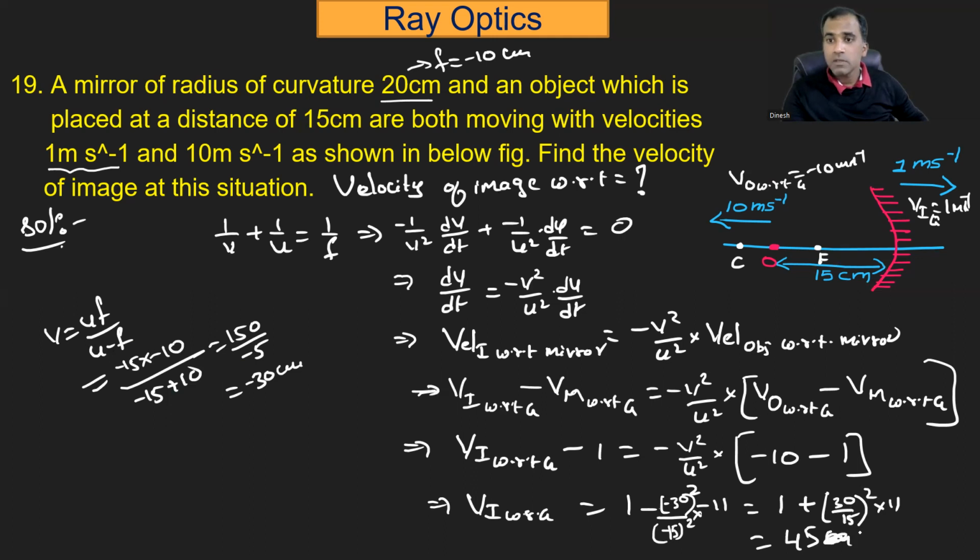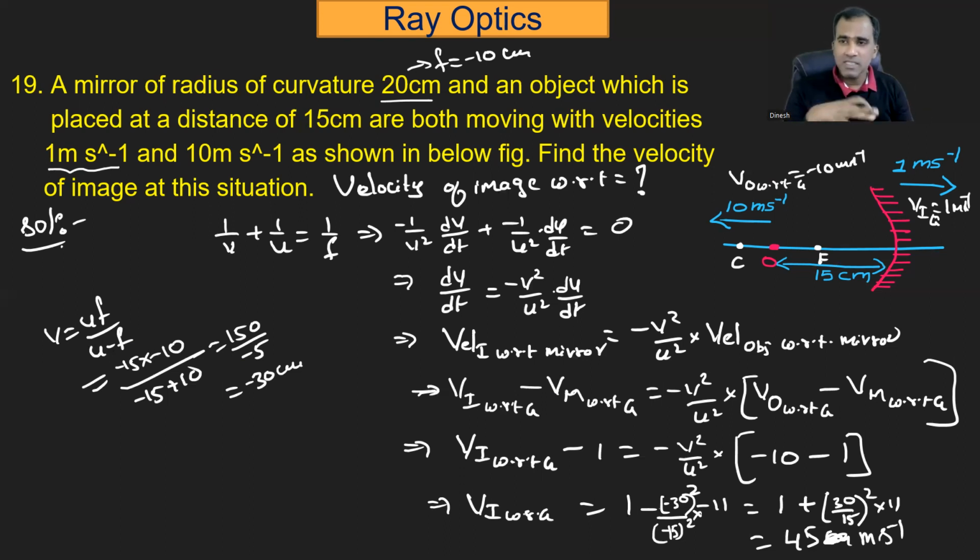The 1 is 1 meter per second, this is 11 meter per second, but 30 and 15 are in centimeters. Centimeter by centimeter, those cancel, so the effective unit will be meters per second. So 45 meter per second is the velocity of the image.